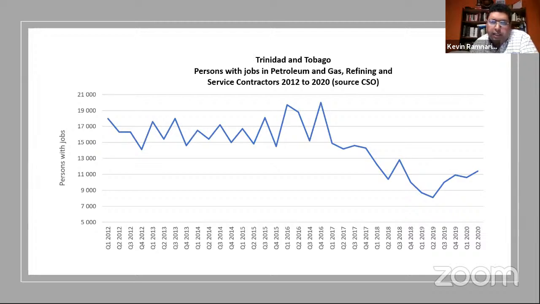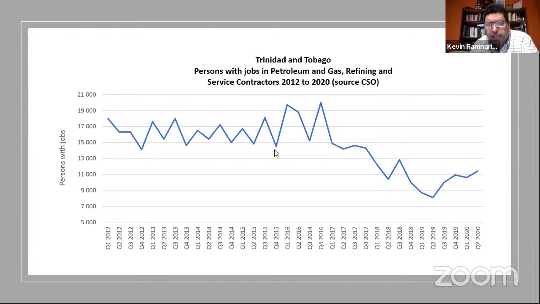When we look closer at the labor market side of the oil and gas industry, this graph shows a sharp decline in persons with jobs in petroleum and gas, refining and service contractors for the period 2012 to 2020. And this is CSO source data. These data do not include the companies in Point Lisas which are lumped into manufacturing by CSO.